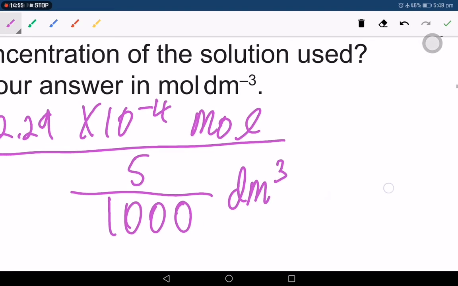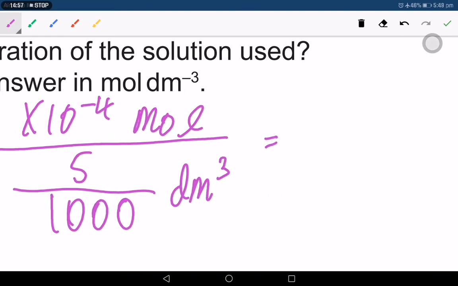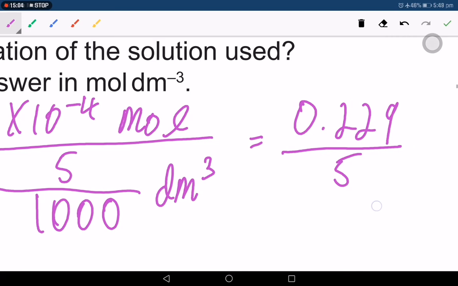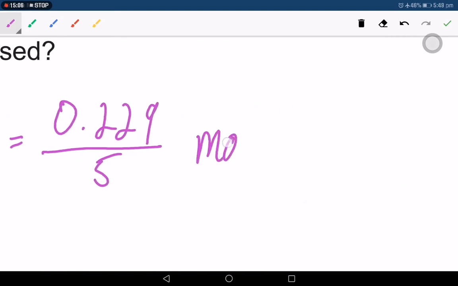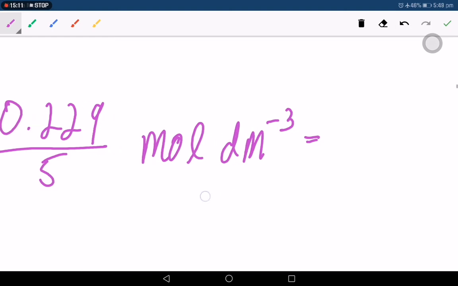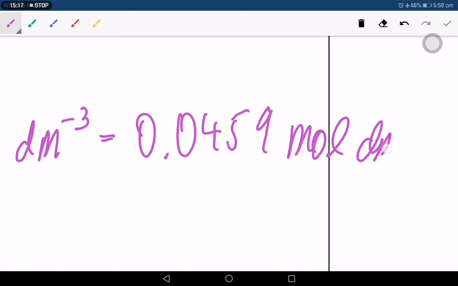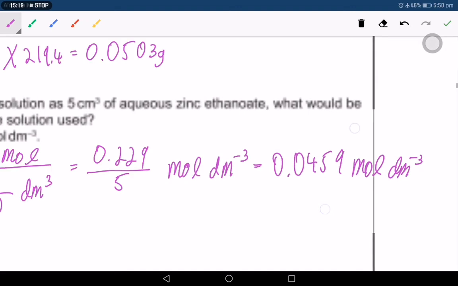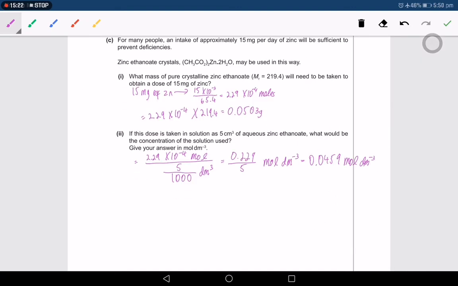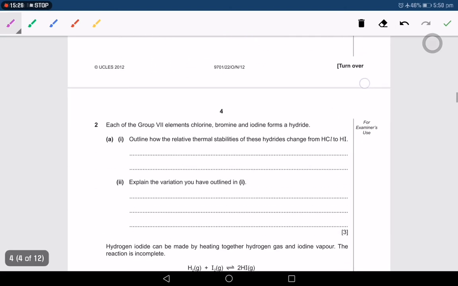So of course the 1000 is moved up, so it means I have 0.229 over 5 mole per dm cube, equal to 0.0459 mole per dm cube. That is the concentration. This is a very low concentration, so you must have no problem drinking it.